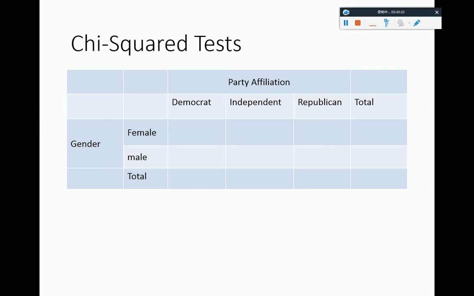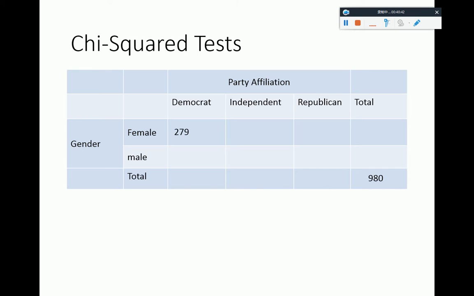To do that, let's return to our party affiliation and gender example. Here we have a 2 by 3 table, because one variable has 2 categories and the other variable has 3 categories. We also know from our example that in total there are 980 people in the sample, so that's our sample size, n.